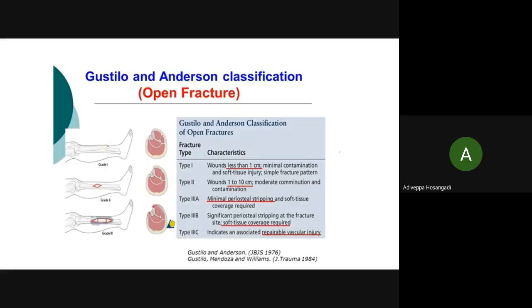Okay. So fractures are classified as closed fractures or open fractures. It depends on whether the skin over the fracture is breached or not, or whether the bone ends are in contact with the environment.